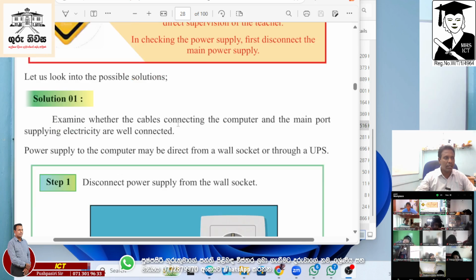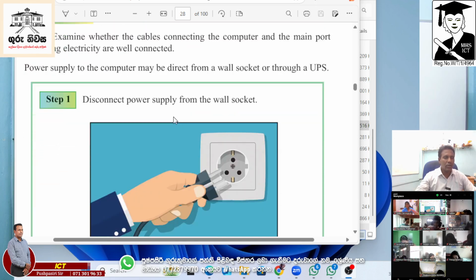So what are the solutions here, right? When we press the power button, it's not working. So what can we do?